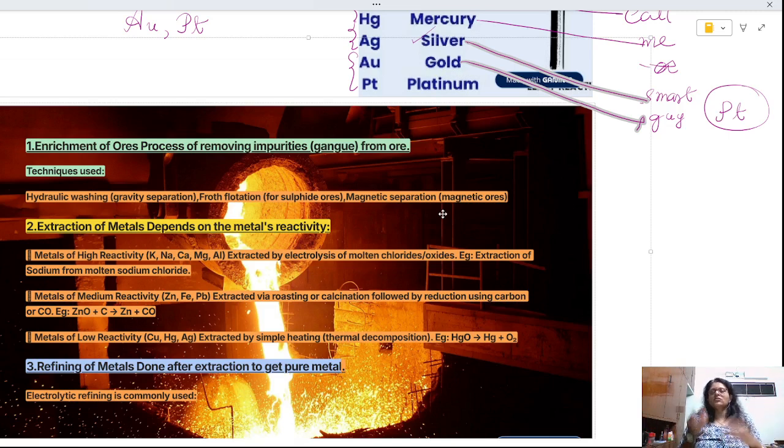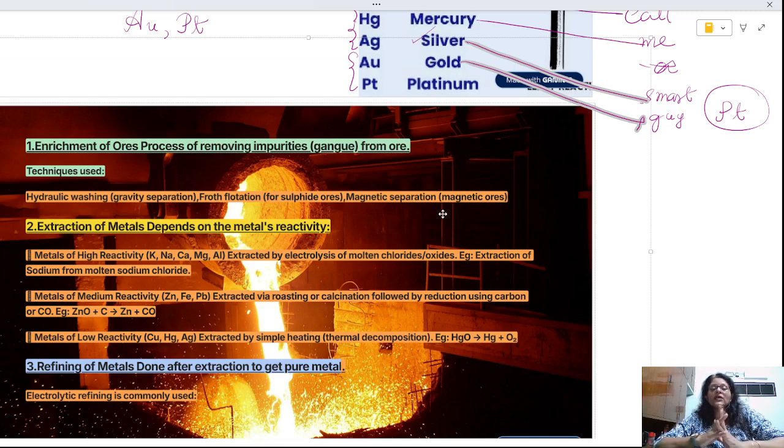Then we used decantation, filtration, distillation, separating using a funnel, all these physical methods of separation depended upon the physical properties, whether it is magnetic, whether it is light or heavy, whether it is insoluble or soluble in water.